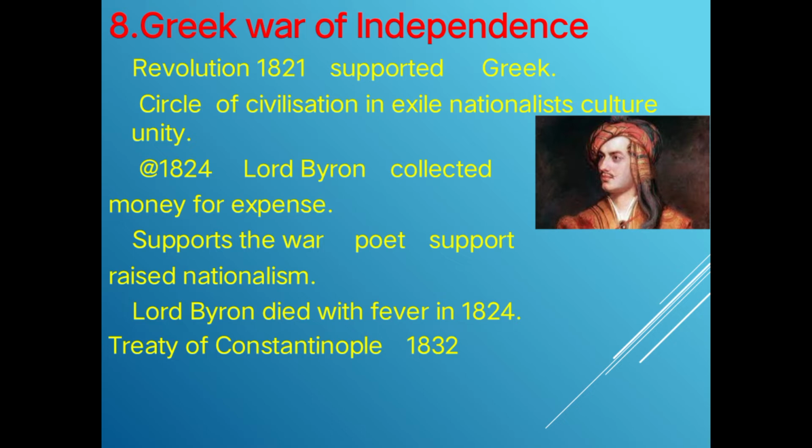For example, Lord Byron in 1824 collected money to support their nationalistic struggle, the war. And there were many poets and writers within the country who raised the sentiment of nationalistic fervor, a sense of sacrifice for the sake of the nation.